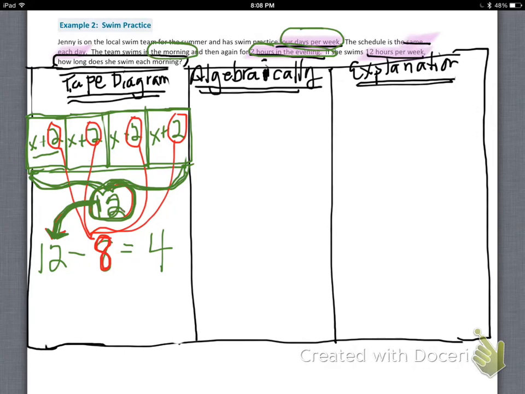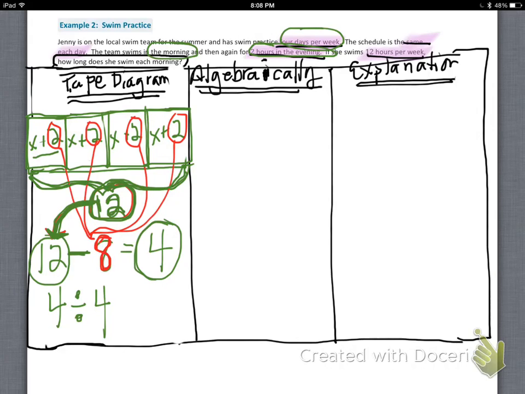Therefore, I know she swam 12 hours. That goes right there. I have to take away the 8 that I already know about. Those are the nights. And then I came up with 4. So now I have 4 hours, and I just have to divide those by 4, because I have 4 days.